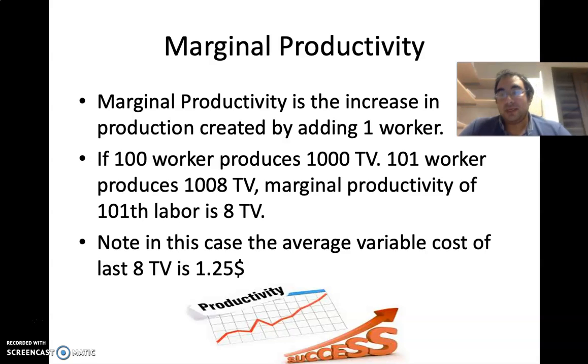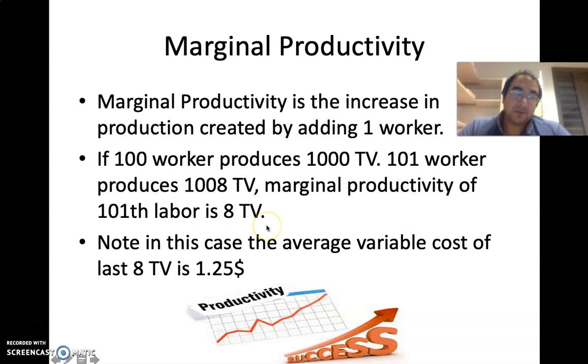Marginal productivity is the addition to the production level created by the last worker. So if with 100 workers the factory produces 1,000 TVs, and with 101 workers it produces 1,008 TVs, then the marginal productivity of the 101st worker is 8 TVs.